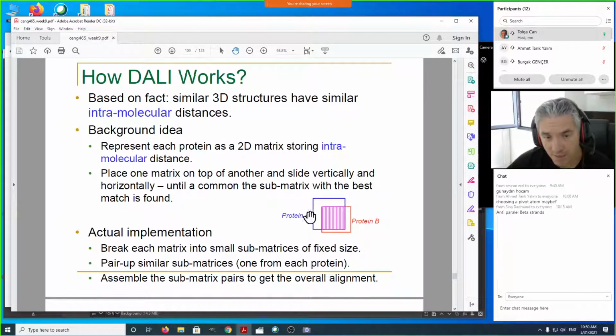We have protein A and protein B now represented completely as 2D matrices. Our goal will be to find sub-regions, sub-matrices like this, sliding one matrix over another, finding local parts. At the end, our goal will be to find a similar sub-matrix in both of them.